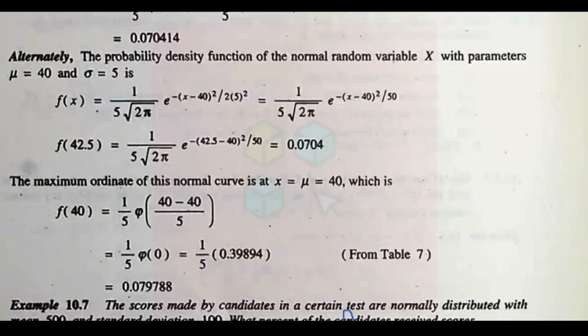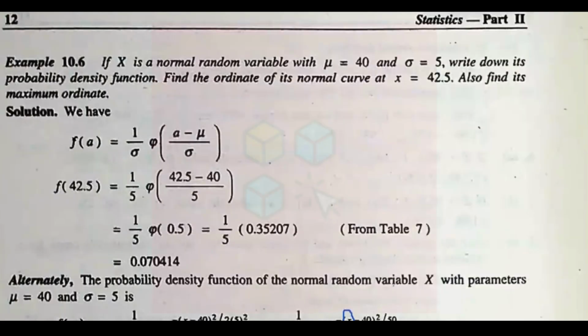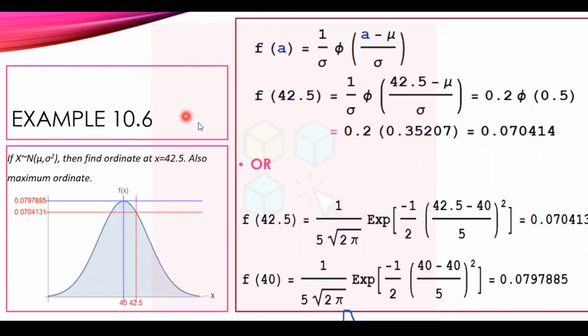In the book, it's example 10.6. Write down its density function, find the ordinate of its normal curve at x equal to 42.5, and also find the maximum ordinate.